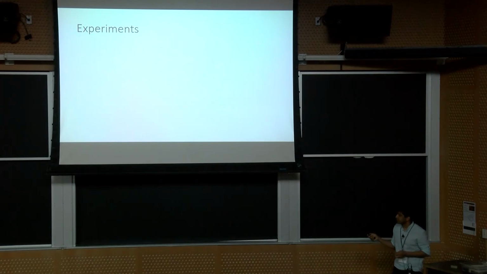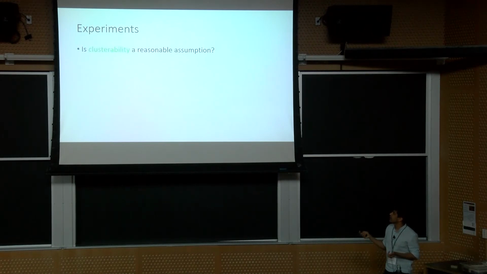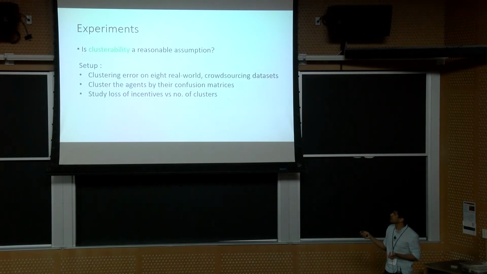Okay, so the final thing I want to talk about is, is clusterability a reasonable assumption? And to test that, we take several real-world crowdsourcing datasets where we have ground truth, and the users provide noisy labels for several tasks, and from those labels we can compute the empirical frequencies for a particular signal, and that gives us the confusion matrix for each user.